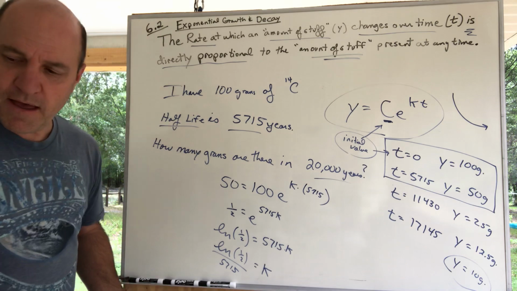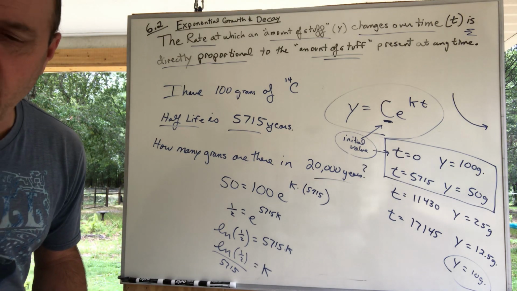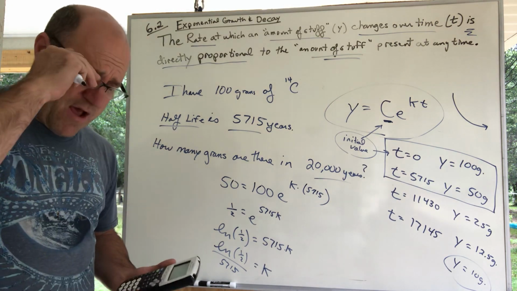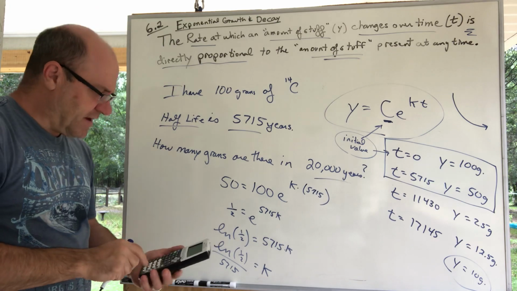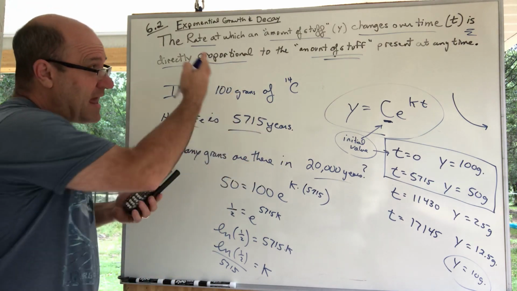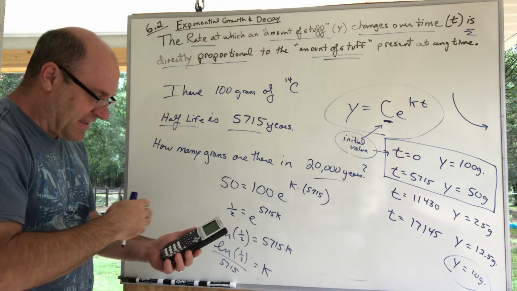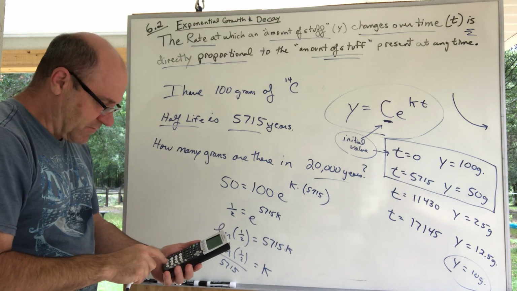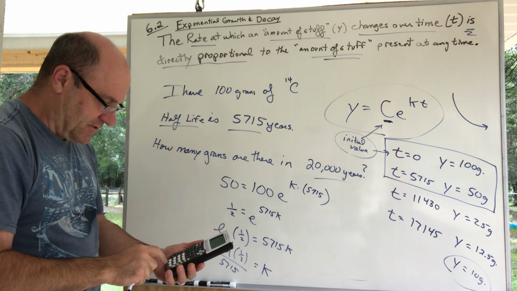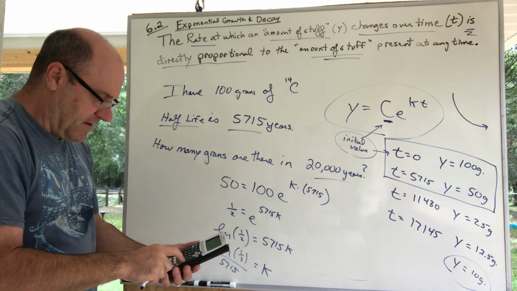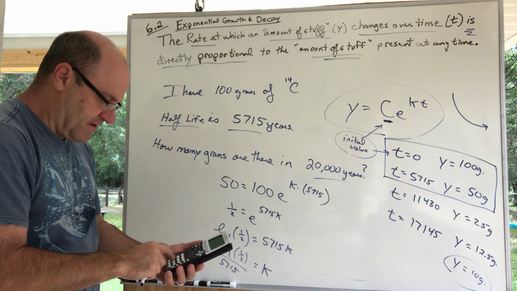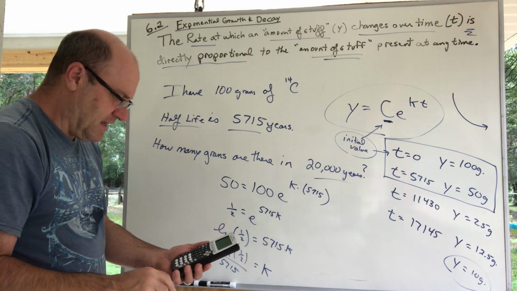You can pick up a calculator and decimalize it. I would not round off this number. In exponential growth and decay, I would keep the k, I would keep about a million decimals. What is the natural log of 1/2 divided by 5,715?